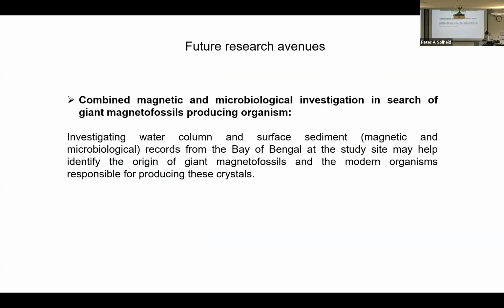So what are the future research avenues that I believe follow from this study? We need to have combined magnetic and microbiological investigation in search of giant magnetofossil organisms. I believe that is the major step now, because investigating water column and surface sediment records, like from the Bay of Bengal region, might help us to find these giant magnetofossil organisms.